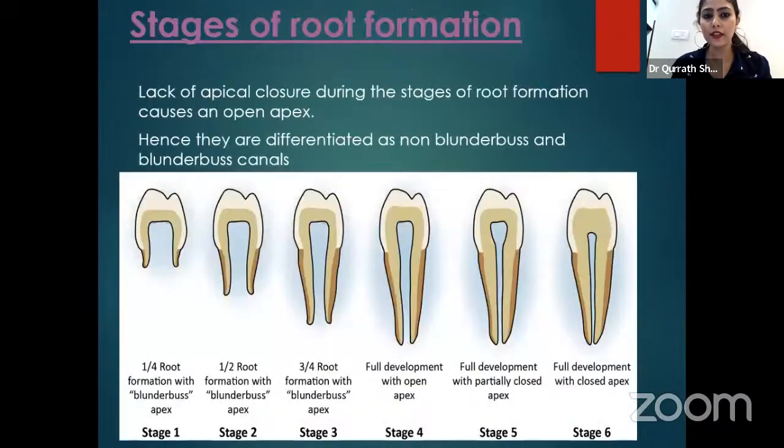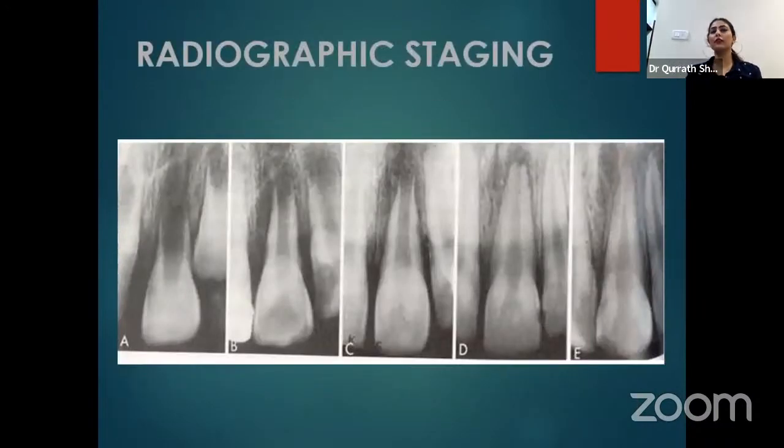So there are different stages in root development. These are the stages given by Sivak. This is the radiographic staging. If you see here, the canal walls are very divergent and your apical foramina is very wide. The root length has not even reached half of the actual root length in the first radiographic staging.